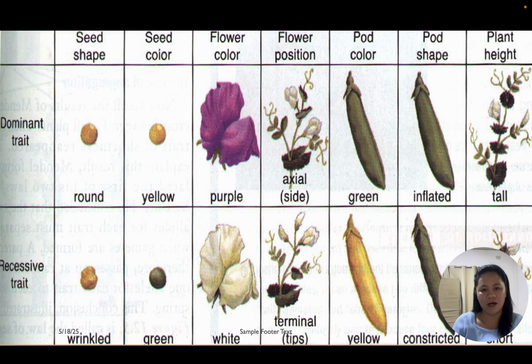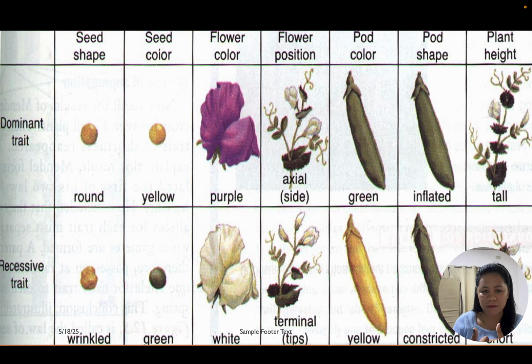Okay, so if you want to look at the different distinct characteristics that the pea plants have through picture, eto siya. So we have there the seed shape, round or wrinkled, seed color, yellow or green, flower color naman, purple and white lang talaga siya.